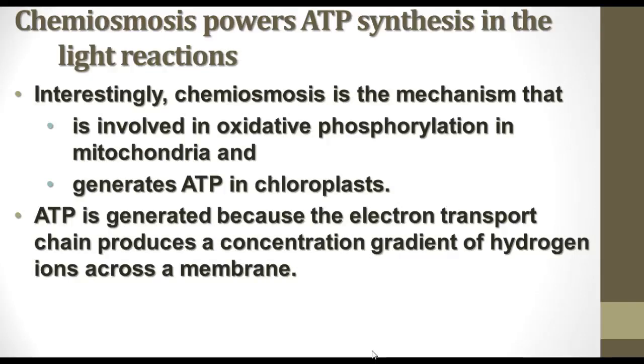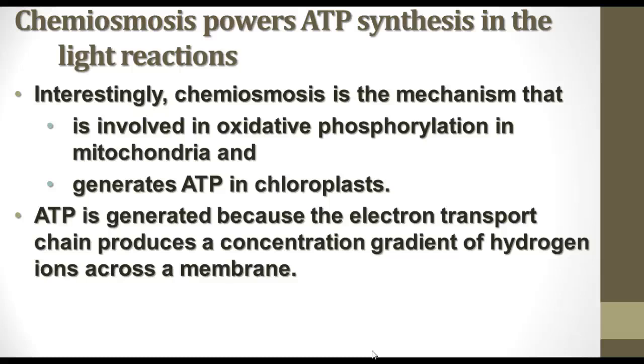Now, we talked about in cellular respiration the process of chemiosmosis, and we have a similar process occurring in the chloroplast as well. It's still going to be chemiosmosis. It's the same mechanism that is involved with oxidative phosphorylation in mitochondria. In the chloroplast, we're going to call it photophosphorylation because we're using the energy from light rather than the oxidative collection of the electrons.